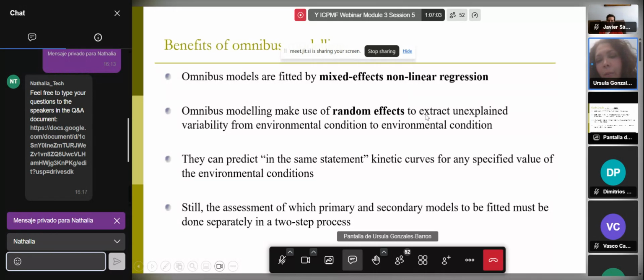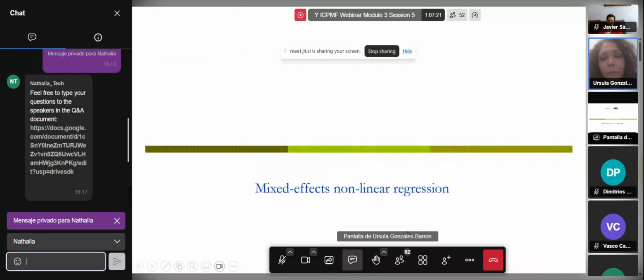If you want to obtain the between strain variability, you need to add it to your random effects. The nice thing about this is that you can predict in the same statement, and you have to know that you will also have broader prediction bands.